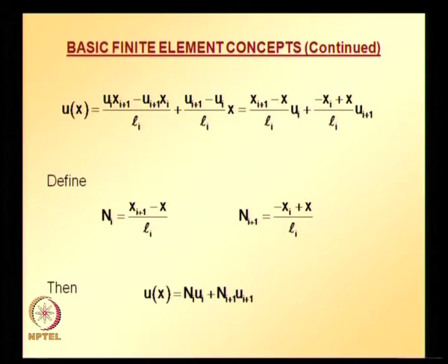So, you take the partial derivative of u with respect to ui, you get Ni; the partial derivative of u with respect to ui plus 1, you get Ni plus 1. So, in the Galerkin based weighted residual method, shape functions take the position of weight functions. When you apply the finite element technique in the Galerkin based weighted residual method, weight functions are the same as shape functions. These are points you just keep in mind, we will be using them at a later stage.